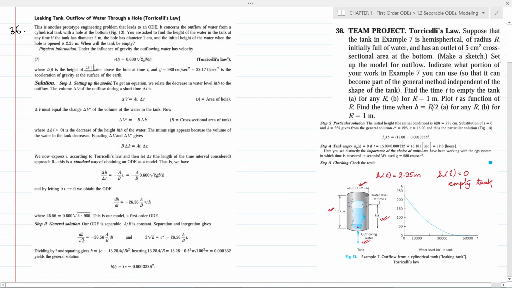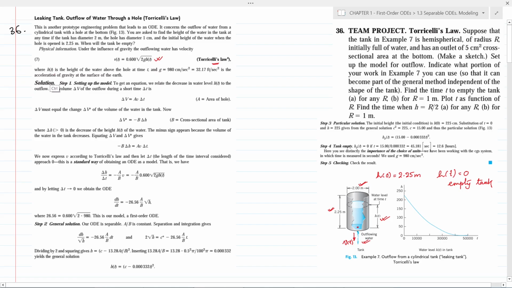Physical information. Under the influence of gravity, the outgoing water has a velocity v of t equal to 0.6 square root of 2 g h of t. That is, this water which is coming out has the velocity v of t, which is expressed by this equation, which is Torricelli's law.